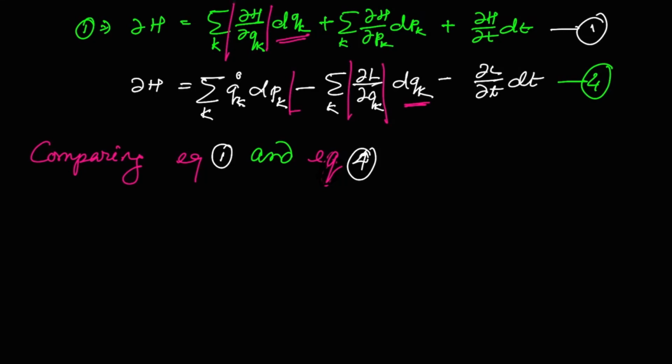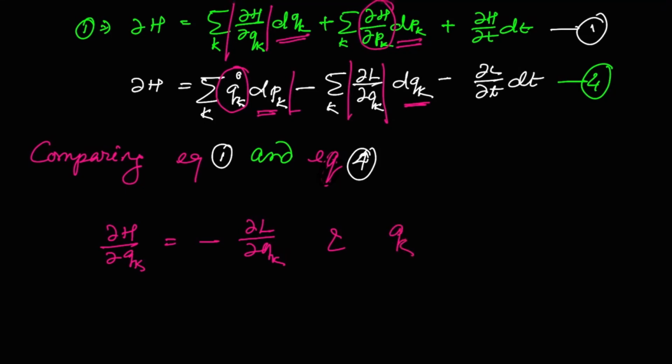So from this we get del H by del qk equal to minus del L by del qk. And if you compare dpk with dpk, then qk dot is equal to del H by del pk.